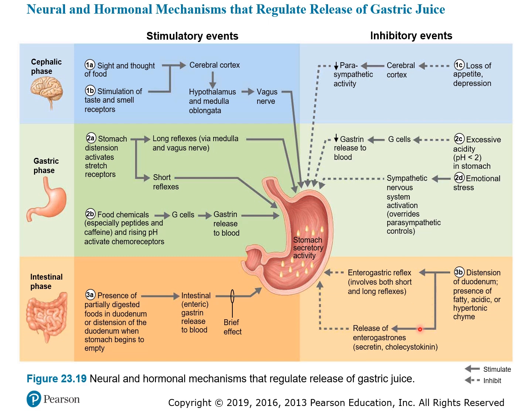And then the other mechanism is enterogastrones, which are the hormones secreted by the duodenum, secretin and cholecystokinin, CCK. So they have negative effect on the secretion.